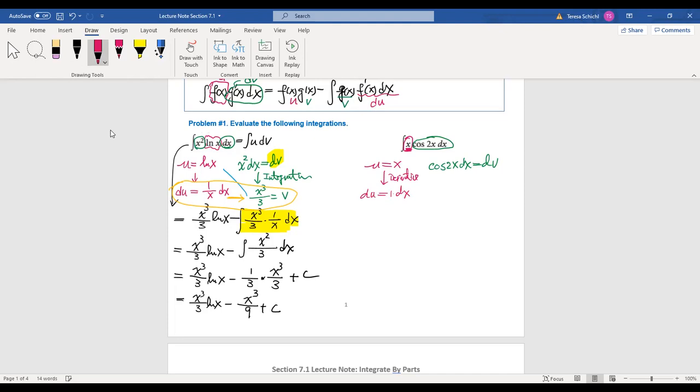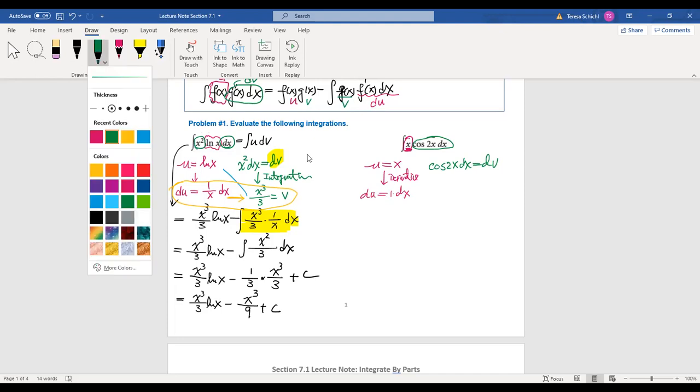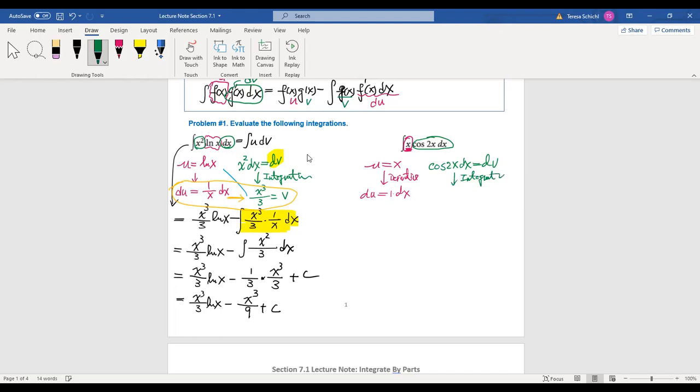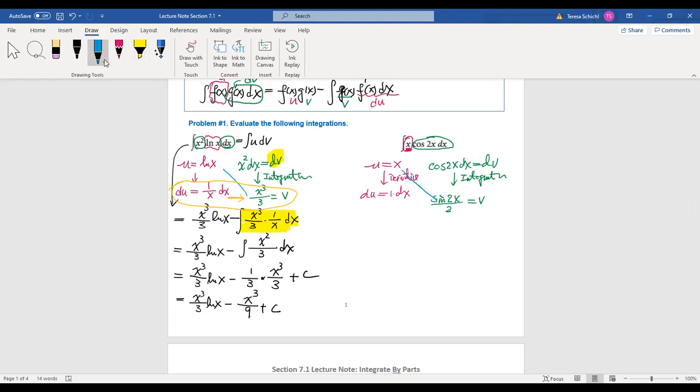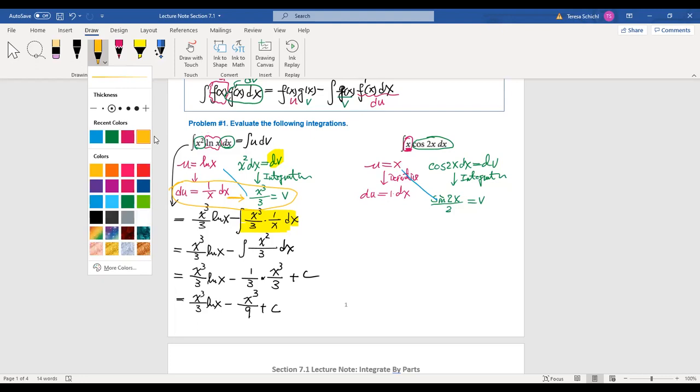And then for this one, you need to take the integration. The integration of cosine uses u substitution, so v is sine 2x over 2. We need to be very familiar with those very basic function integrations, so you don't spend time trying to figure out what it is. So then uv minus the integral of v du.